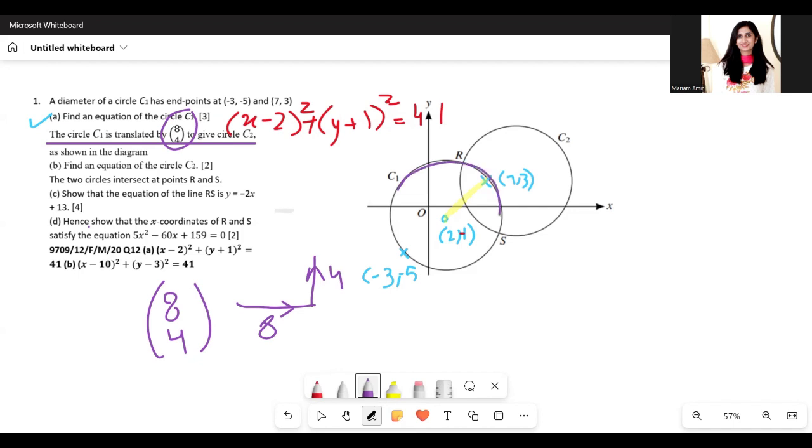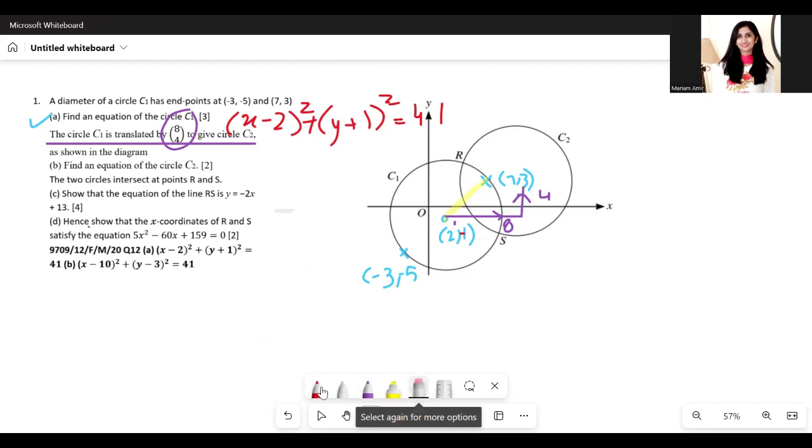So every point on this circle moves 8 right and 4 up. So that means the center is also going to move 8 right and 4 up. That's going to be the new center or the center of C2. So what are we going to get?